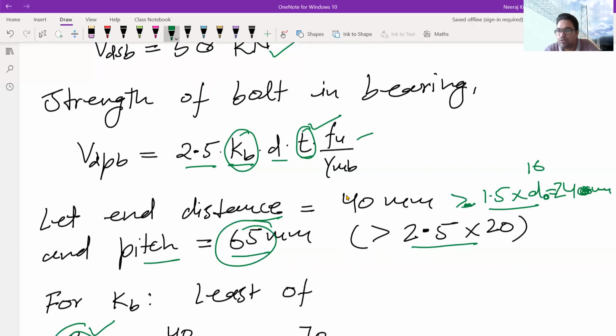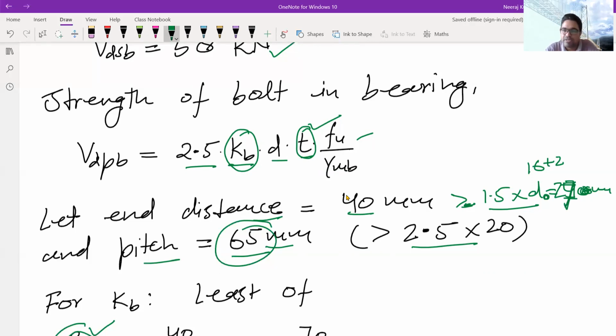Sorry, 1.5 times d naught. d naught is the hole. We are using a 16 mm dia bolt, so the bolt hole will be 18 mm. 1.5 times 18 mm is 27. So we are providing more than the minimum value, which is 40 mm, and in this case 65 mm, so it will be fine.